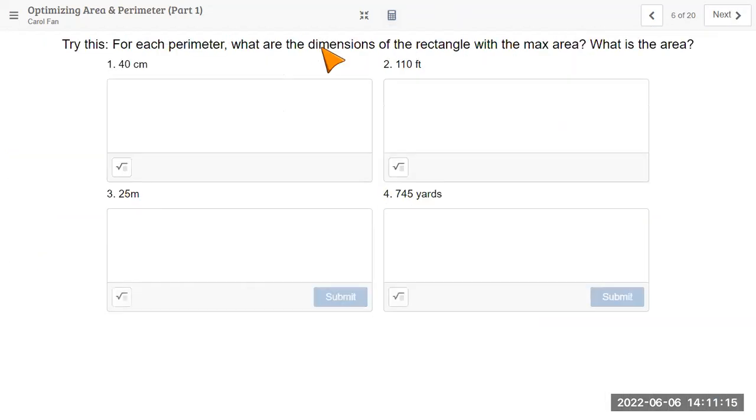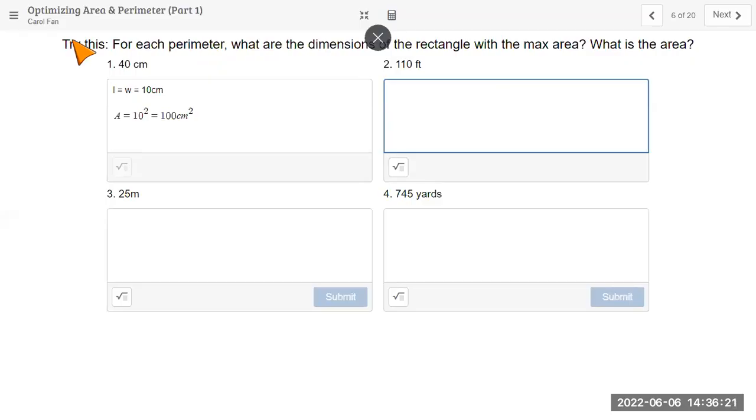Okay, I'm going to give you a moment. Please try this. For each perimeter, find the dimension of the rectangle with the maximum area. What is the area? Great, let's quickly take these up. Now, because these are all going to be square shaped, all we need to do to find the side is to take each of the perimeters and divide it by 4.